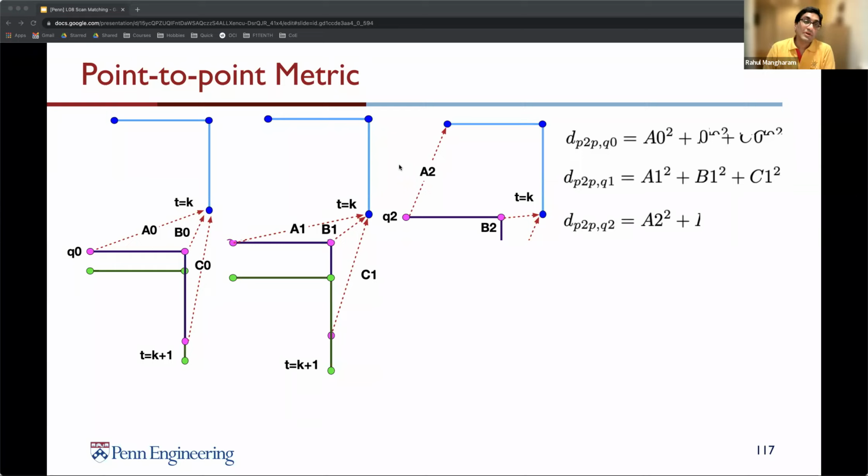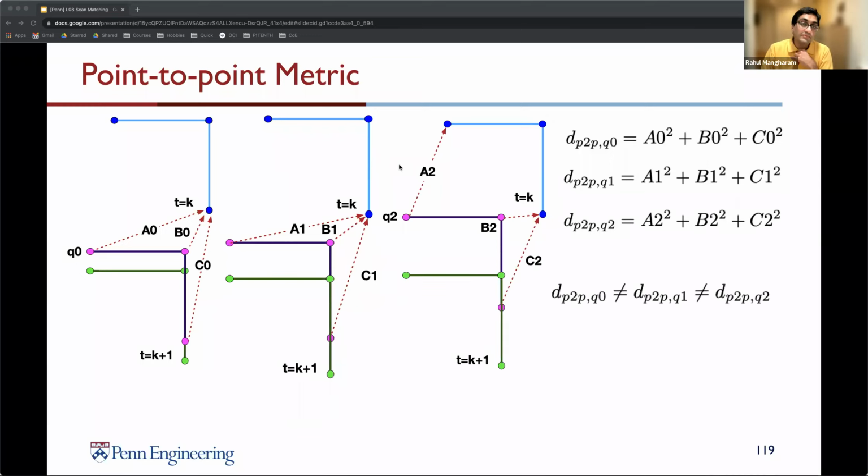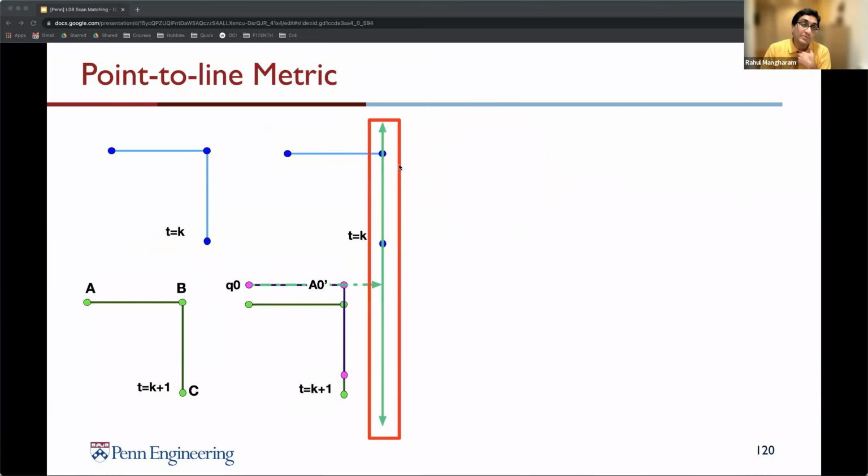Note that the closest point for point A with transform Q2 has changed to a different line segment. The key thing to note is that the score of all three transforms is different. So from the perspective of an iterative algorithm that is searching through possible transformations, each of these transformations are possible candidates which the algorithm must search over.